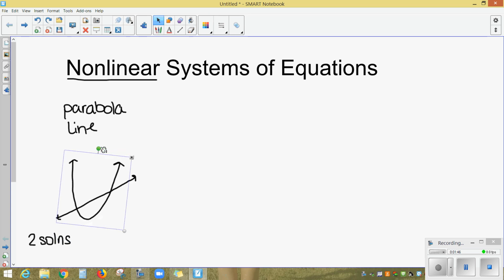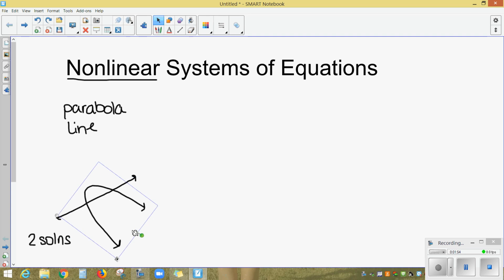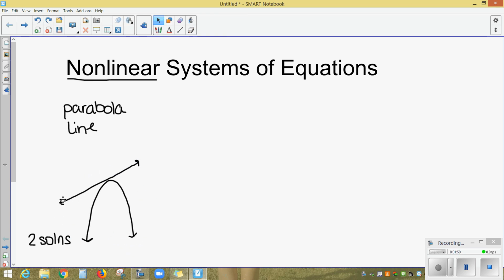And regardless of how we turn, a parabola doesn't have to open up or down. It can open side to side. But no matter how we twist and turn and draw and move those lines, that line and the parabola seem to be the only three options. There's no solution, one solution, two solutions. I could spin my line around.